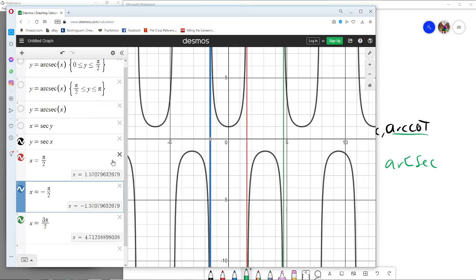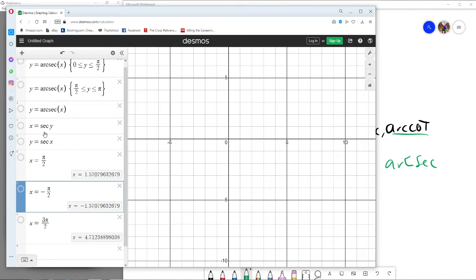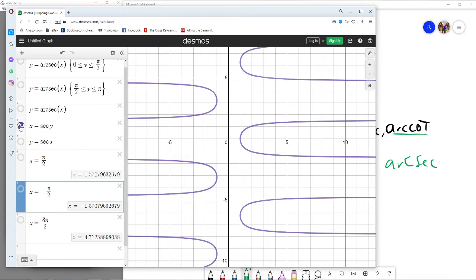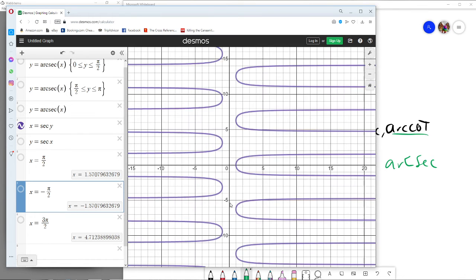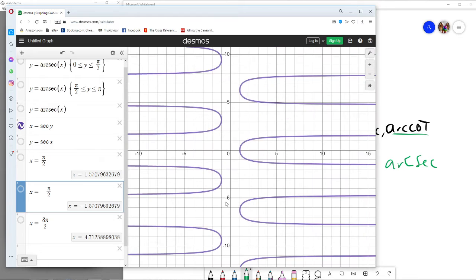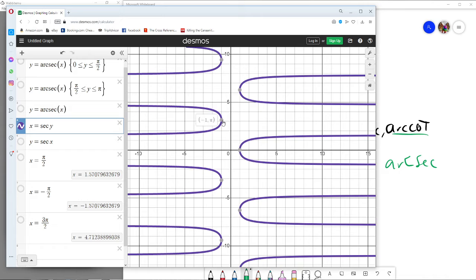So the question now is, what happens when the inputs and the outputs are swapped? In other words, what happens when we graph x equals secant y, which is what the arcsecant is all about. Intriguing. If you've watched the other videos, which I keep mentioning, I'll put the links in the description.